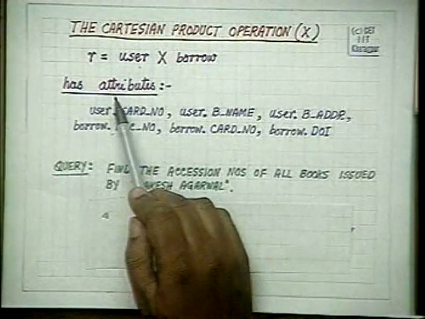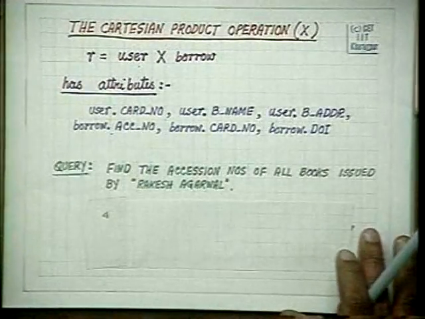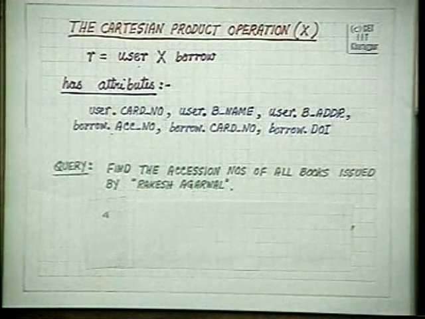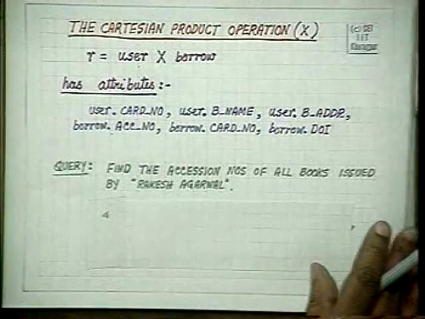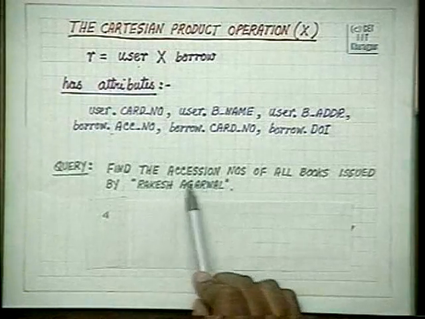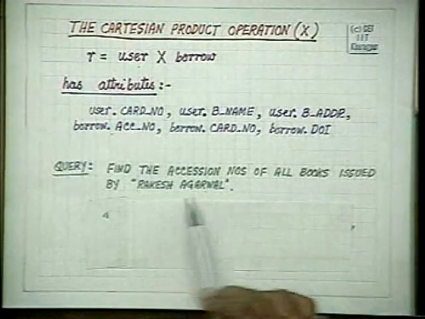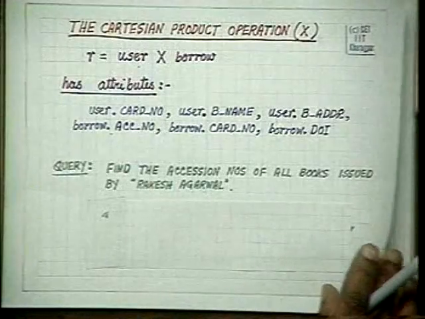Now how will we use a Cartesian product? Till now we have done only project and select, and using project and select we cannot combine 2 relations. We have project on a single relation and select on a single relation. Now we are trying to answer this query. Find the accession numbers of all books issued by Rakesh.